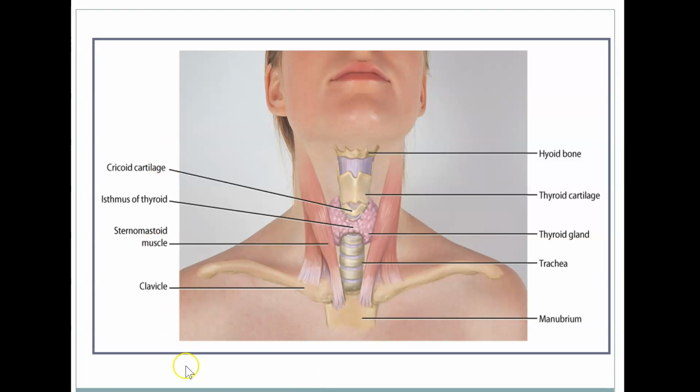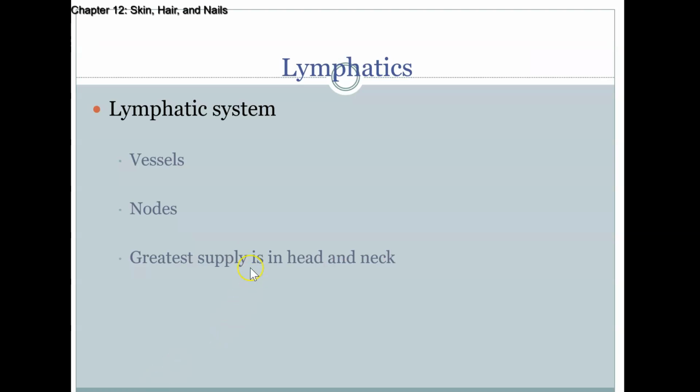Okay, so here is what I was talking about when I was talking about the pictures of the thyroid and that type of thing. Lymphatics. Lymphatics is very, very important.